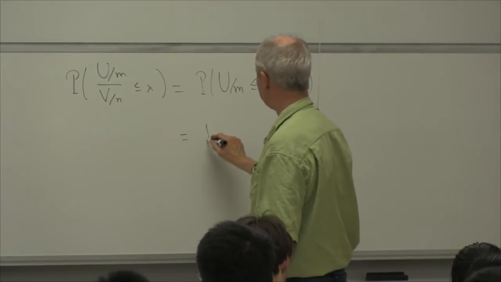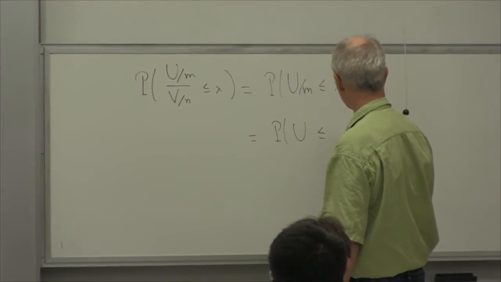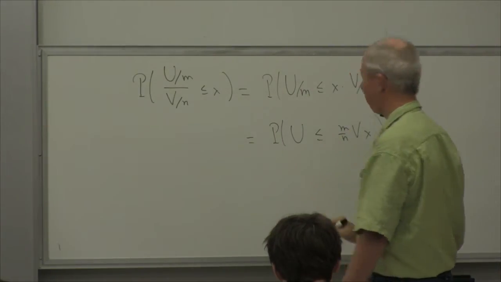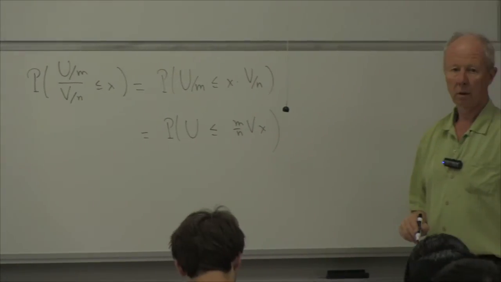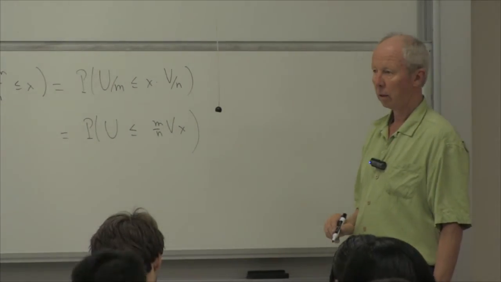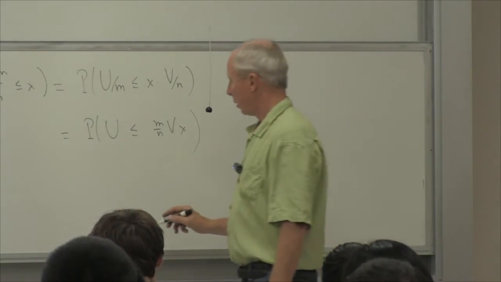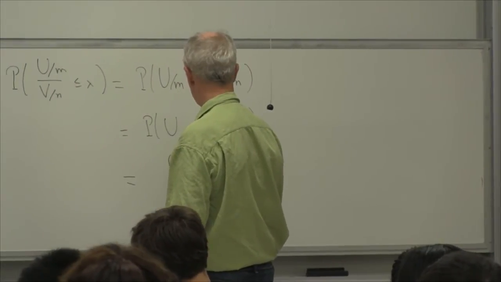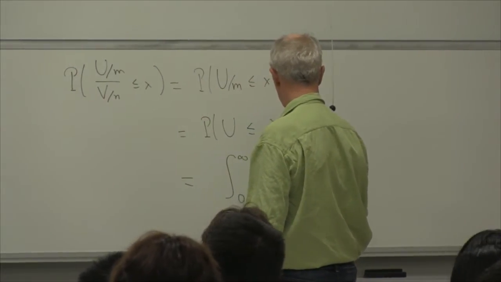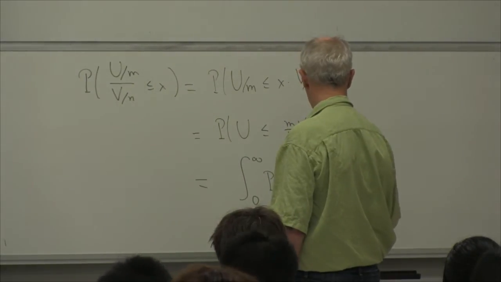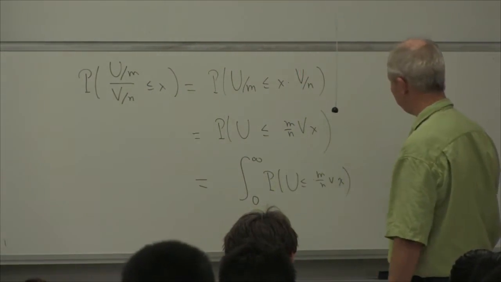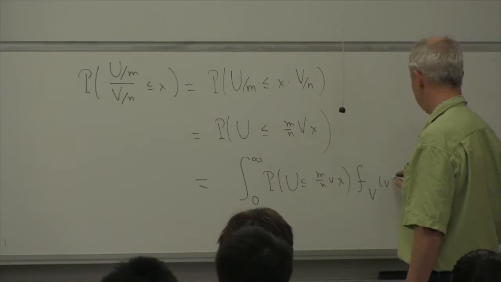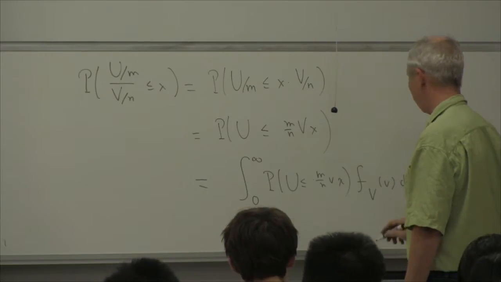And now I'm going to multiply through by little m. We're going to write this as m over n v x like that. And using the independence of U and V, I could get to this.